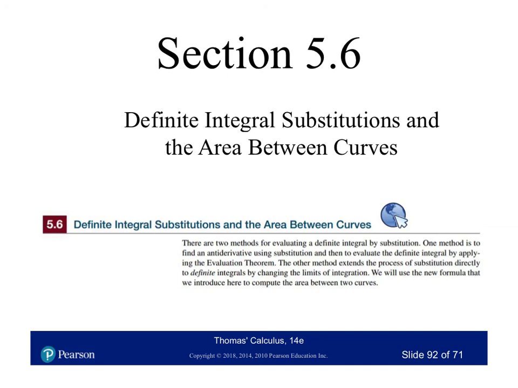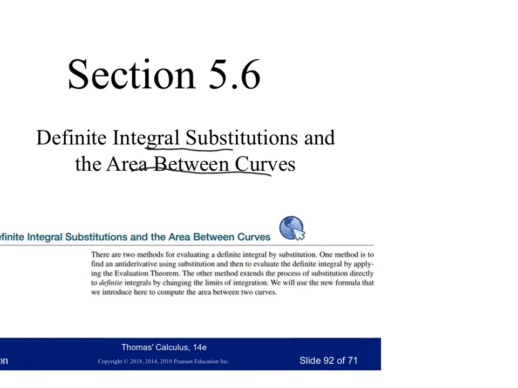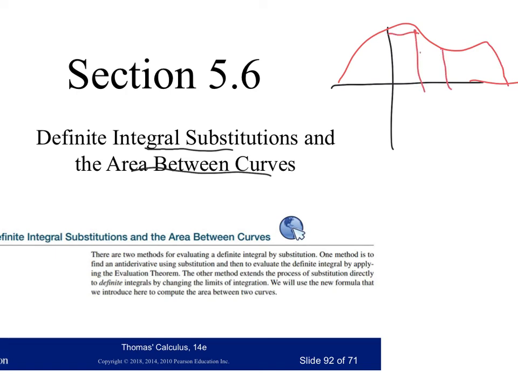Let's talk about some more integration with substitution. We're going to extend that to areas between curves. We've already done areas under a curve. We've done it with Riemann sums, with rectangles, with the integral from 0 to 5, and we've integrated it.